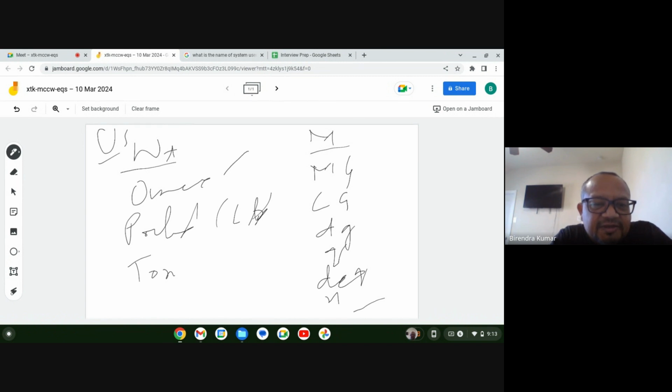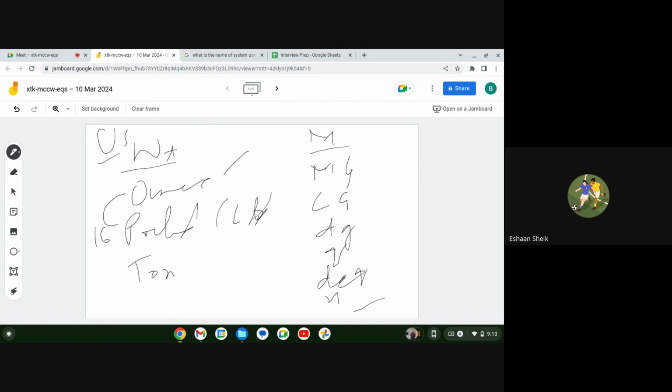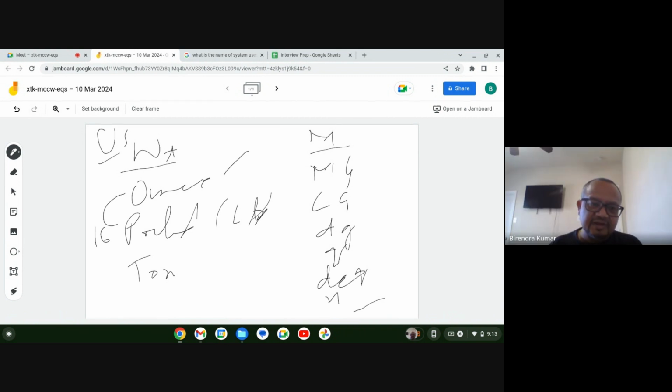Anybody knows? 16 ounce makes 1 pound. And 2000 pound makes 1 ton. So, I will let you guys think through it, memorize it. 16 ounce makes 1 pound, and 2000 pound makes 1 ton.